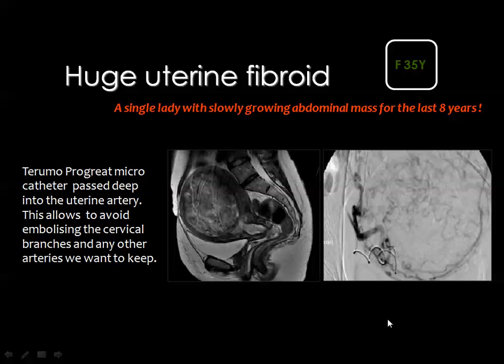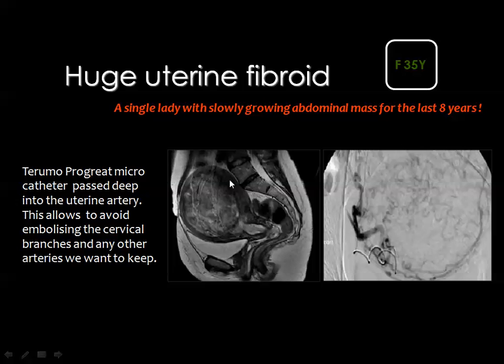And one of the management procedures for uterine fibroids, which are big, is to do selective embolization of the uterine artery.